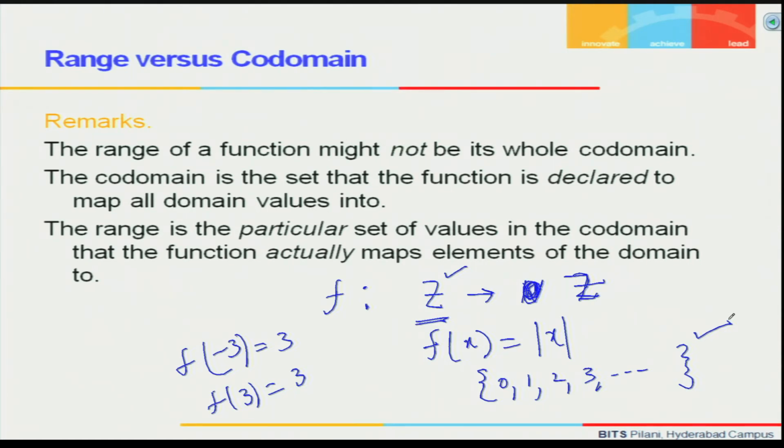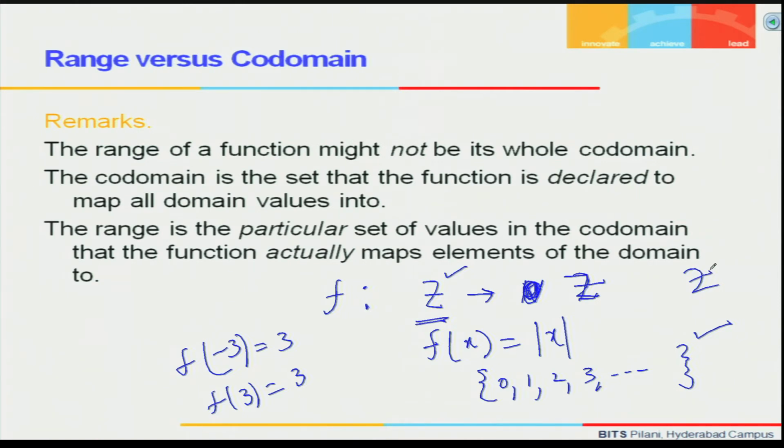It's all non-negative integers. And if you see, the codomain of this function is Z. So range can be a proper subset of the codomain. It need not be equal to the codomain.